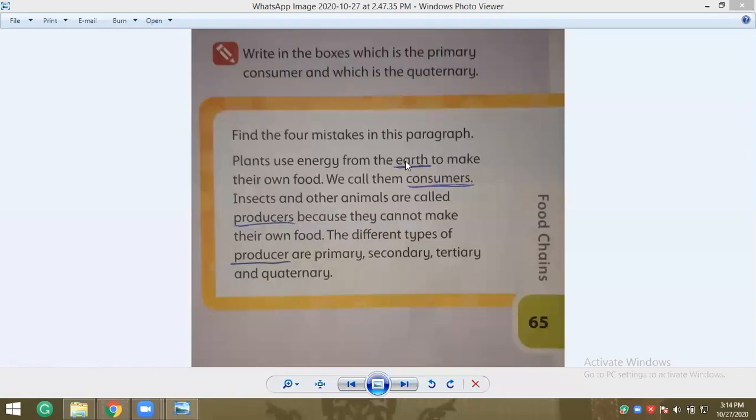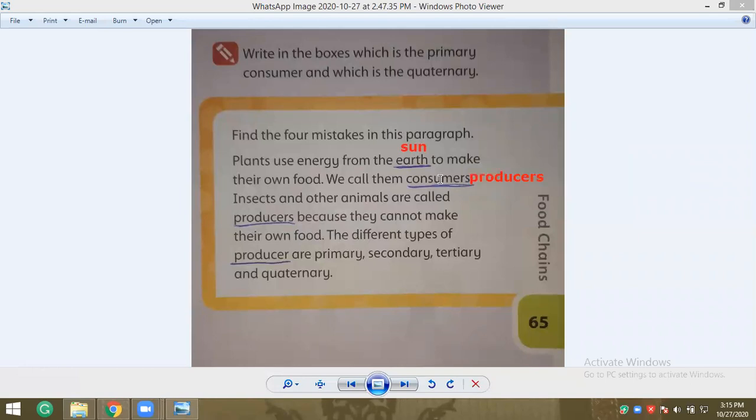Here we will write sun, producers, consumers and consumer. So we will write here sun, not earth. Here we will write producers.